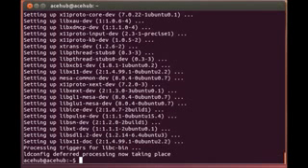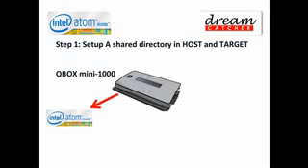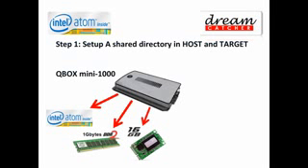In the next procedure, we are going to introduce and set up the target device. The target device is the Qbox Mini 1000 intelligent system. It is widely used in embedded systems, IPTV, home theater systems, or as a mini computer. The Qbox Mini 1000 is powered by an Intel Atom processor and comes with 1 GB of DDR2 memory and a 16 GB solid-state drive for storage.